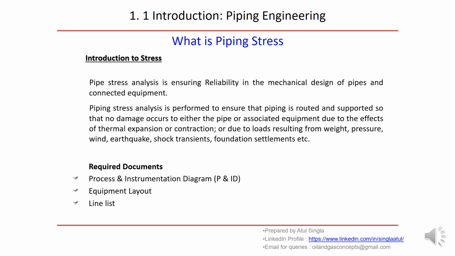So at different times there will be expansion or contraction, thermal expansion or contraction. Everything we need to take care of. To take care of all these things, we perform stress analysis. In stress analysis, we ensure that piping is routed and supported so that no damage occurs to either the pipe or the associated equipment. To perform this stress analysis, the stress team requires the process instrument diagram, equipment layout, and line list.